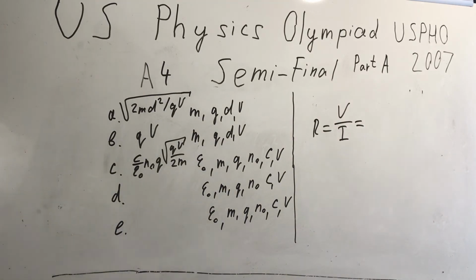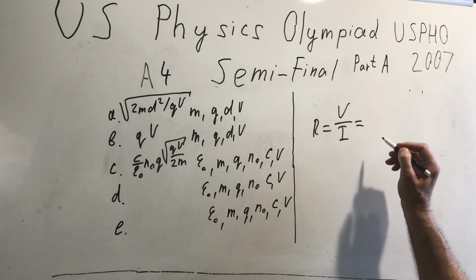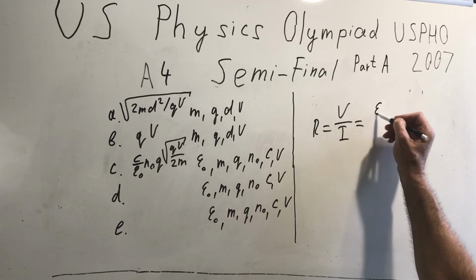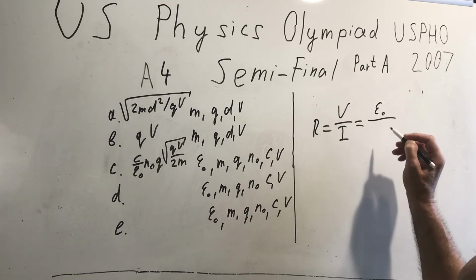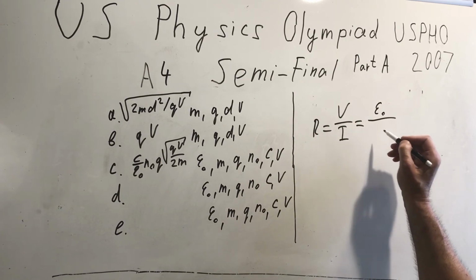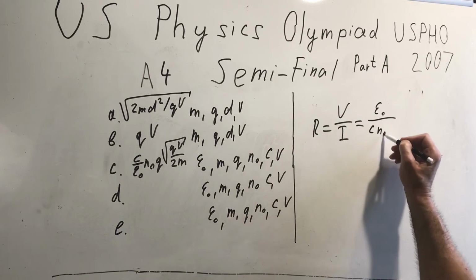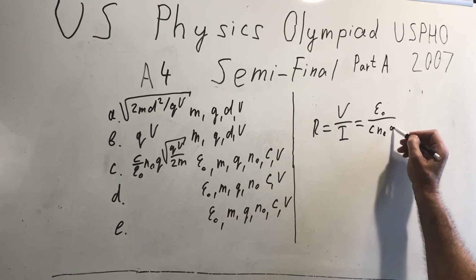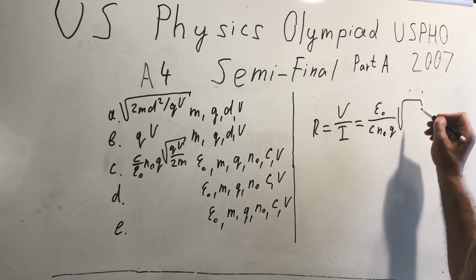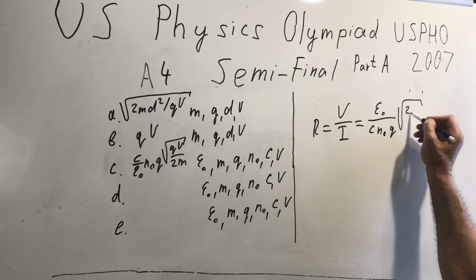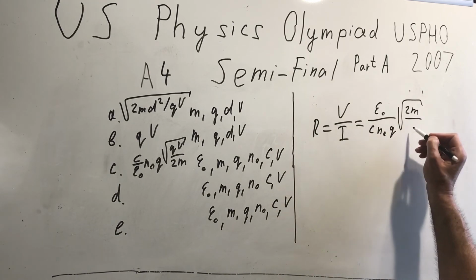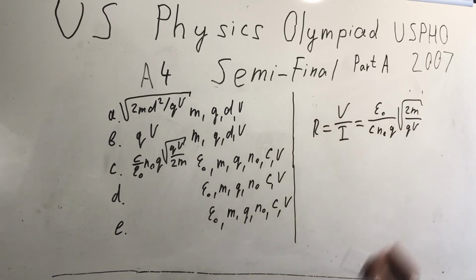We already calculated the current, so resistance equals epsilon 0 over C n0 q times the root of 2m over qV. That's the effective resistance.